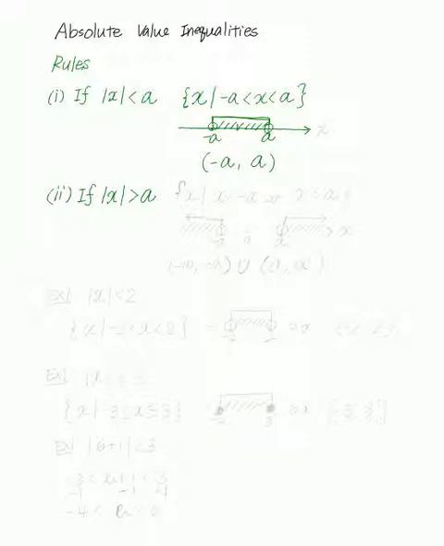The set builder notation here is going to be the set of all x's such that x is less than negative a, or x is larger than positive a. Again, keeping in mind that a is positive.